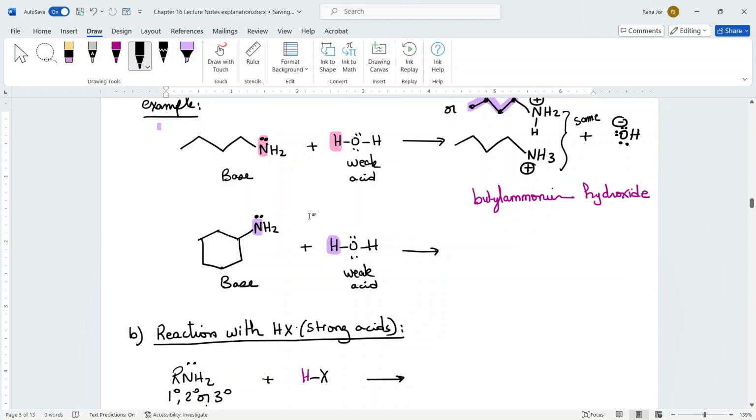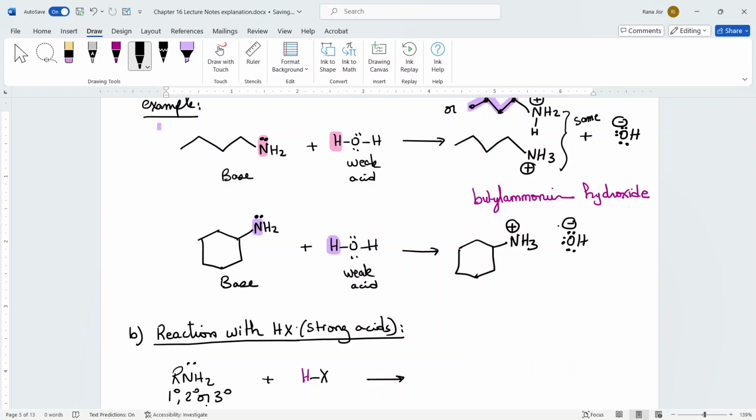So the base is going to come and take that acidic hydrogen, and my product is going to be an NH3 now. It has a positive charge, and then I have my negative counter ion in there on the OH. It's fine if you don't want to show the lone pairs on the oxygen, but the charges are a must to show.